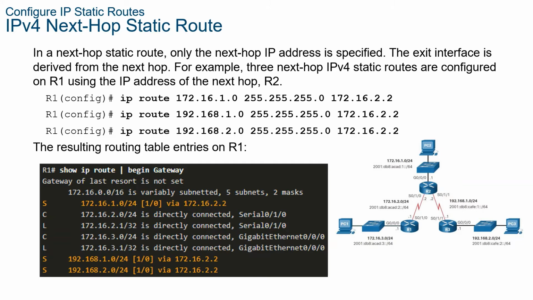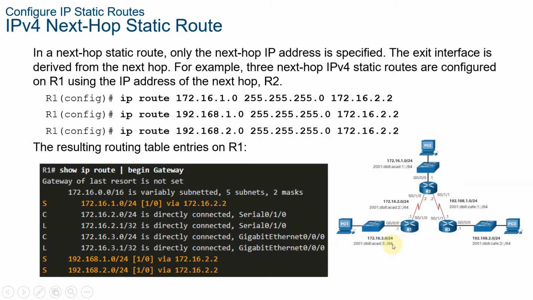For example, 3 next hop IPv4 static routes are configured on R1 using the IP address of the next hop of R2. Referring to the topology we had earlier, if I am on R1, the first thing you need to do is identify the directly connected networks to R1.